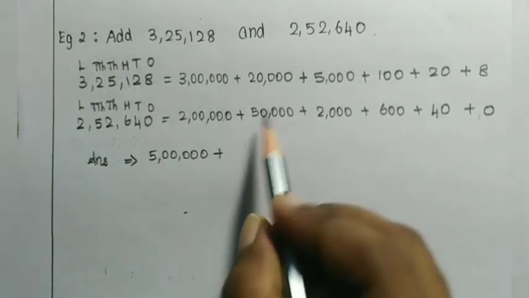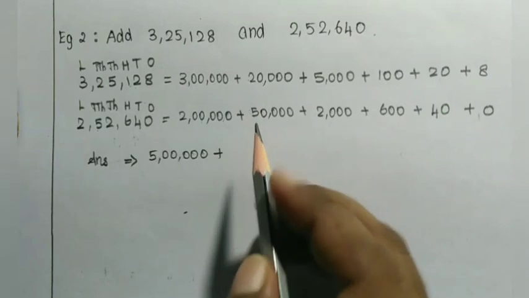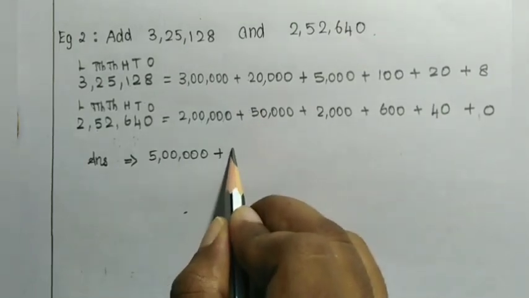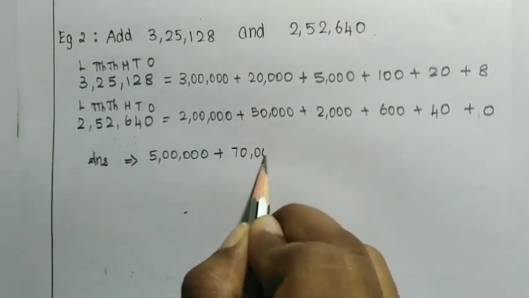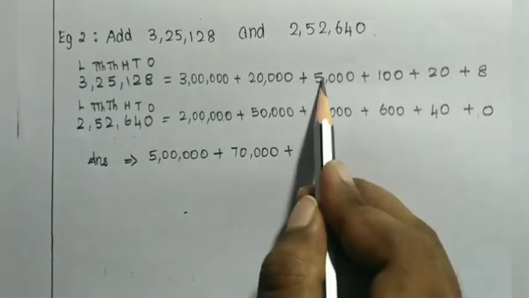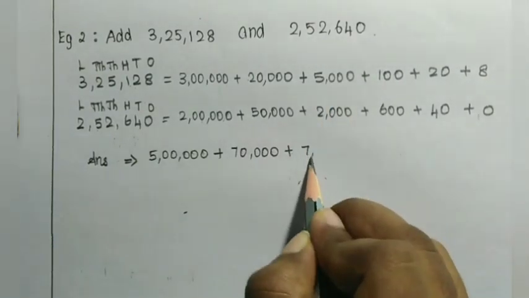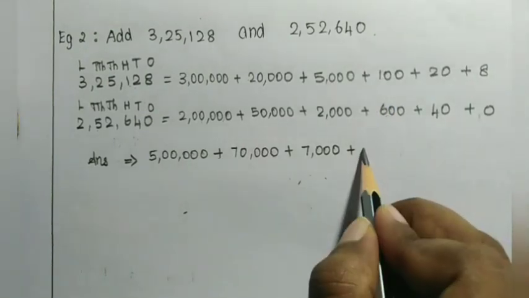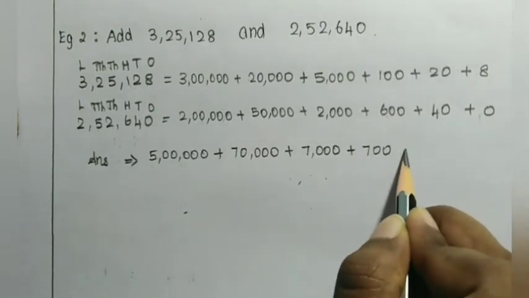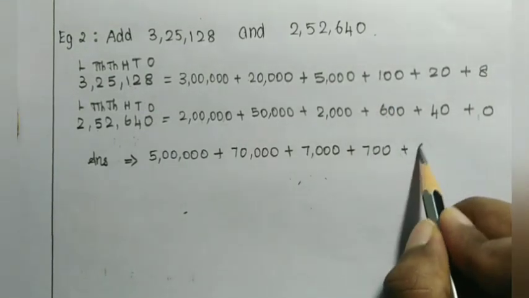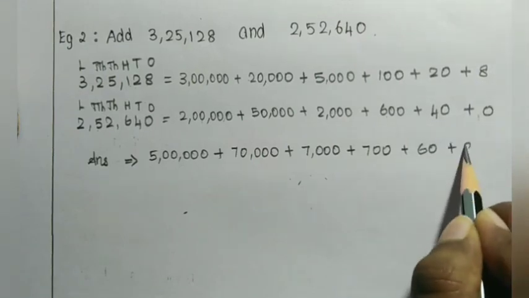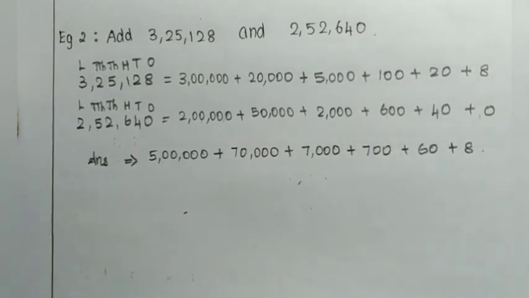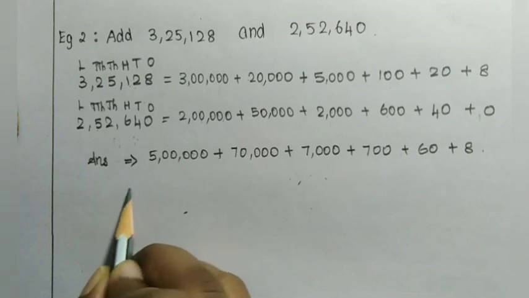Plus here 2 plus 5 is 7. 70,000 plus 5 plus 2, 7 followed by 3 zeros plus 1 plus 6 is 7 followed by 2 zeros plus 60 plus 8. Now the expanded form is written.